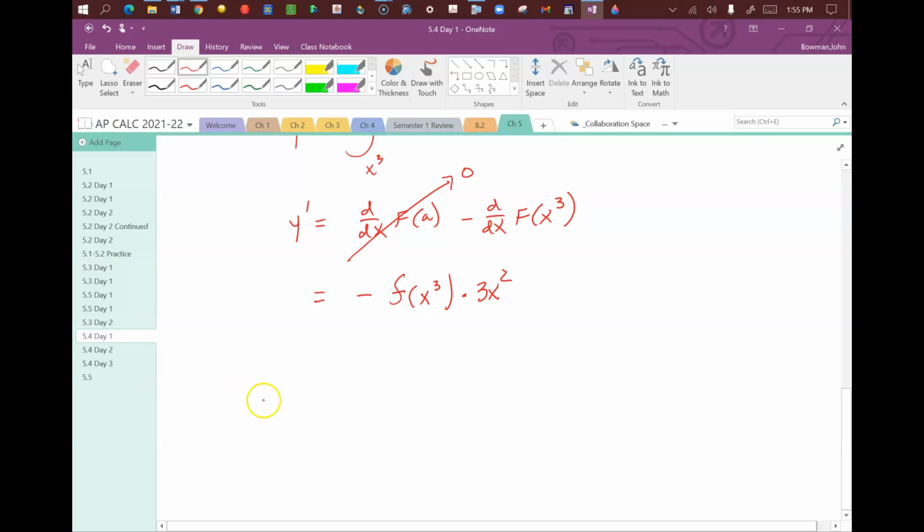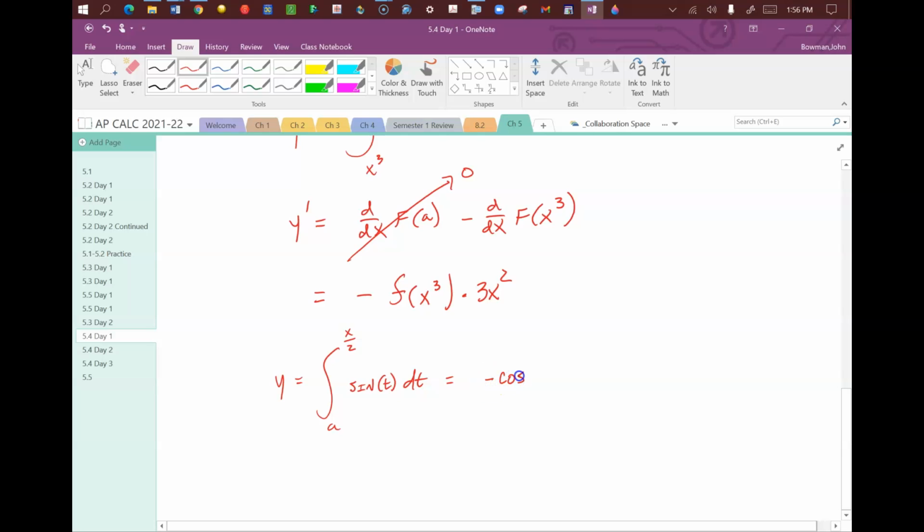So what we did is we took y is equal to the integral from a to x over 2 of the sine of t dt. And we know that that would be the antiderivative of the sine function. So what function is the antiderivative of the sine function?